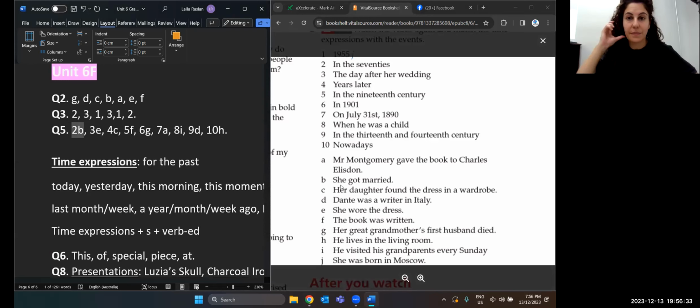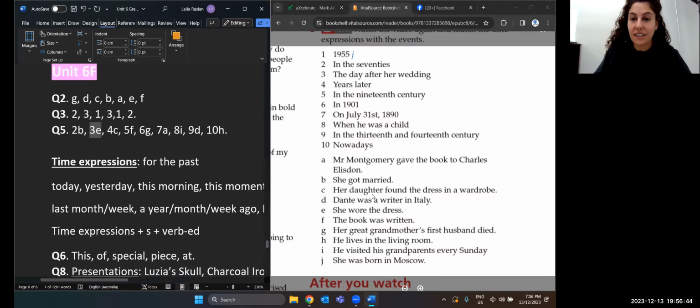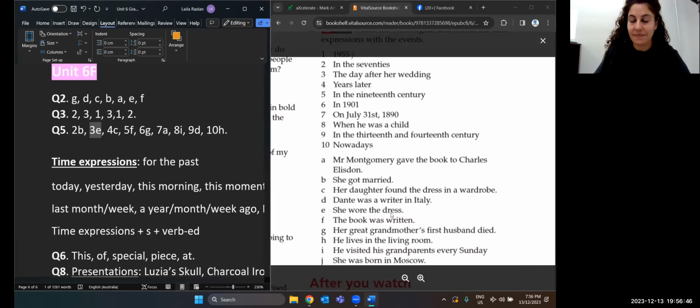2B, she got married. How about years later? What sentence does that go with? Years later, E, she wore the dress. What about 5?